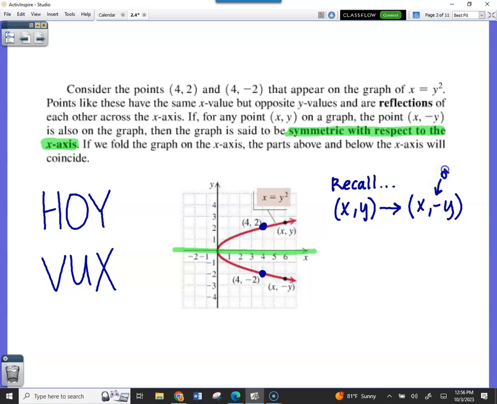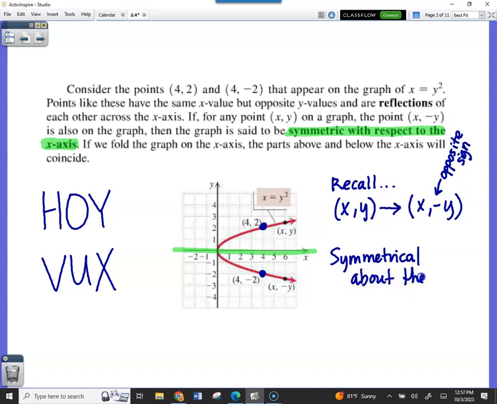This little negative means opposite sign. Sign change. You can write whatever you want to write. Opposite sign, sign change.